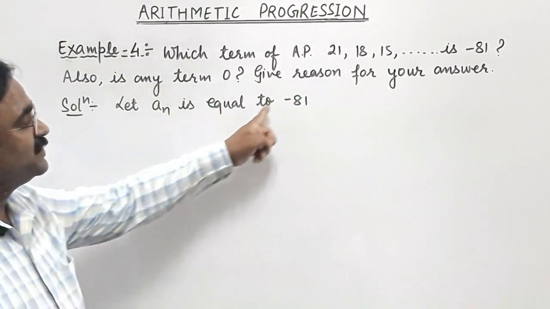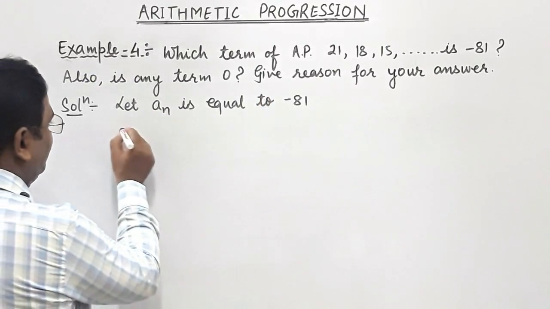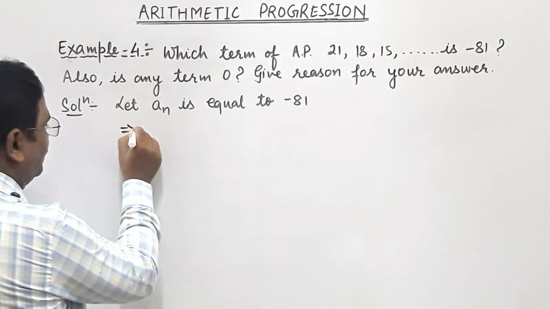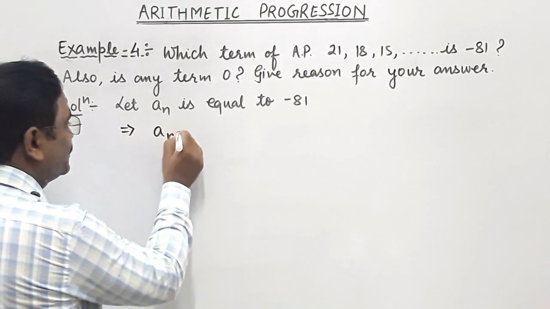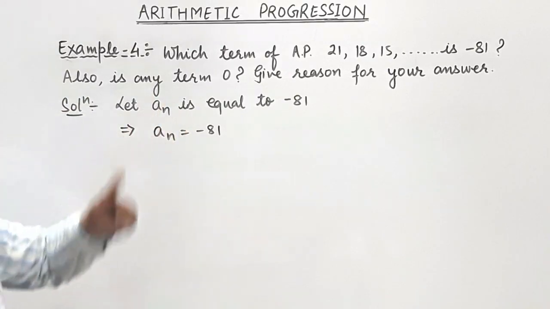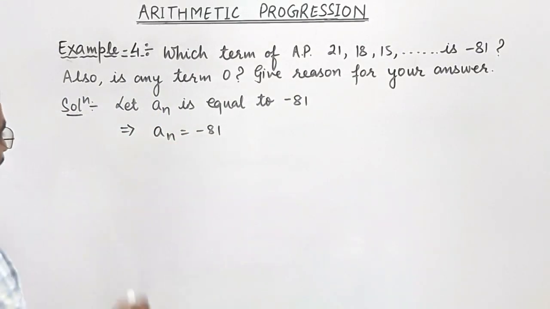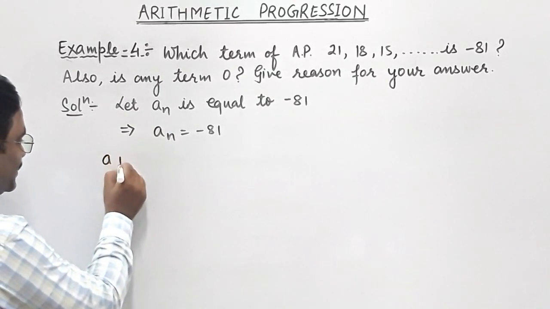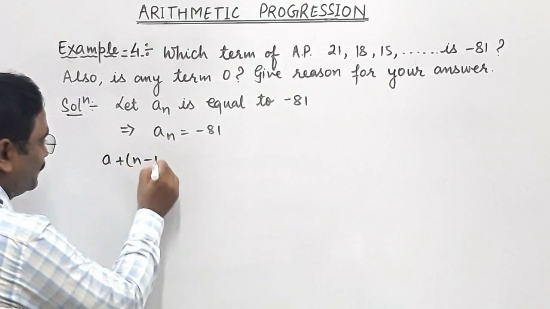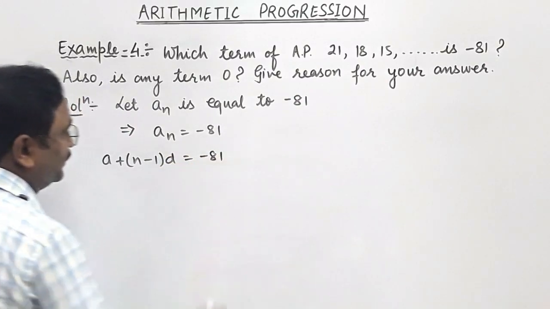Therefore, a_n equals minus 81. If a_n equals minus 81, and you know the formula a_n equals a plus (n minus 1) into d, equals minus 81.